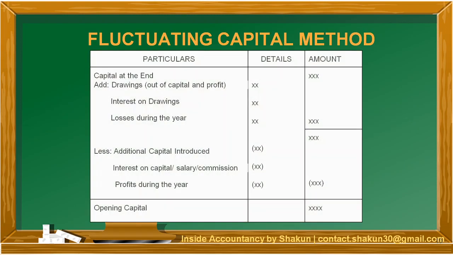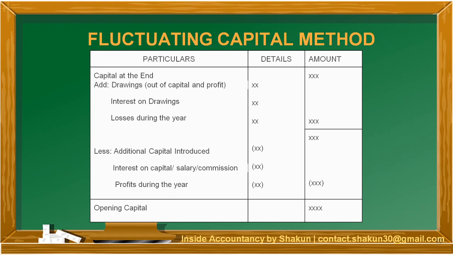In case of the fluctuating capital method, the opening capital can be calculated by applying this formula. Opening capital is required because interest on capital is always calculated on the opening balance of capital. So if in a question the closing balance of capital is given, we first need to calculate the opening capital.